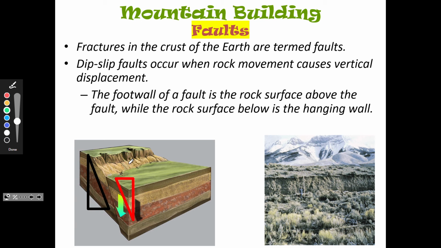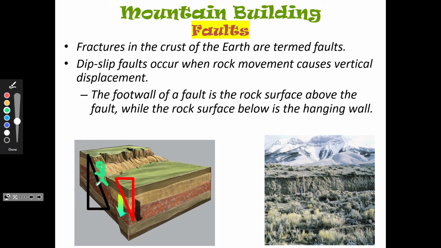It's moved vertically. So these two pieces, the black and the red, are the footwall and the hanging wall. The footwall is represented by this black triangle. The hanging wall is represented by the red triangle. So here's how we can remember that. If we were on the inside portion of our triangle, so here where I'm trying to draw a green line, we would be able to stand on that portion of the triangle.